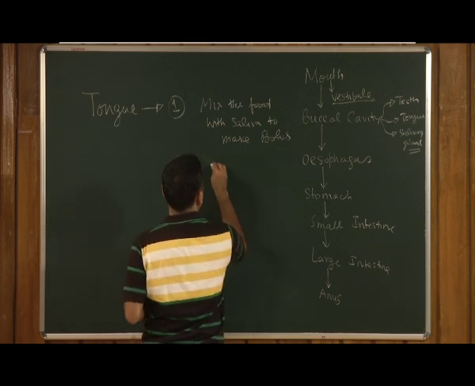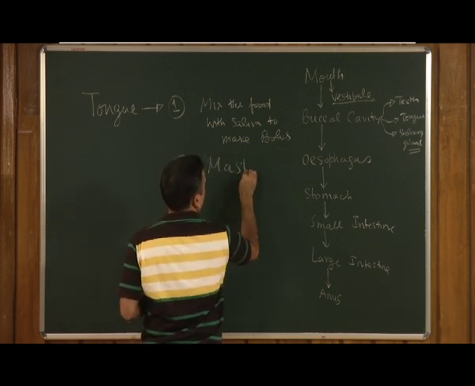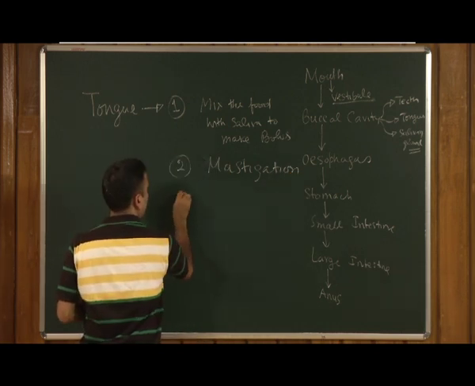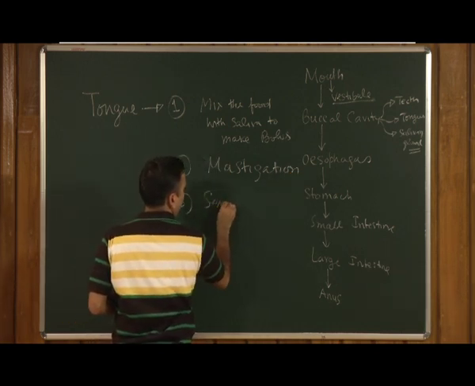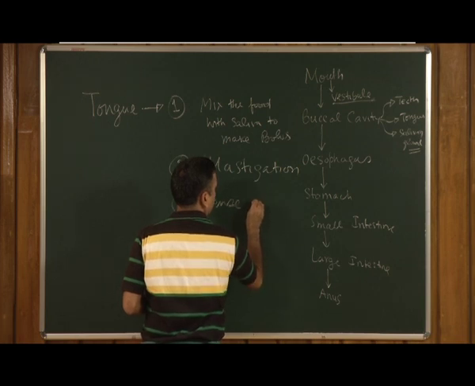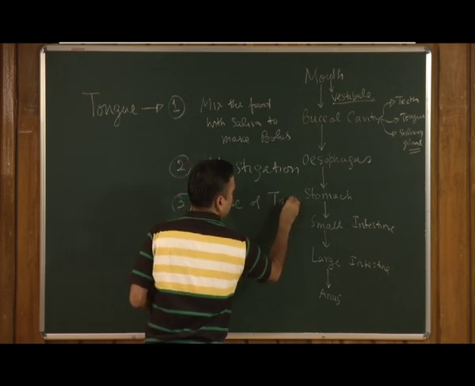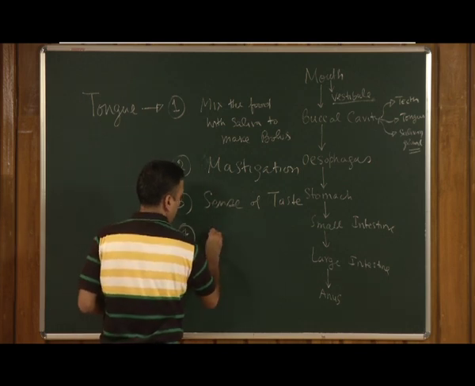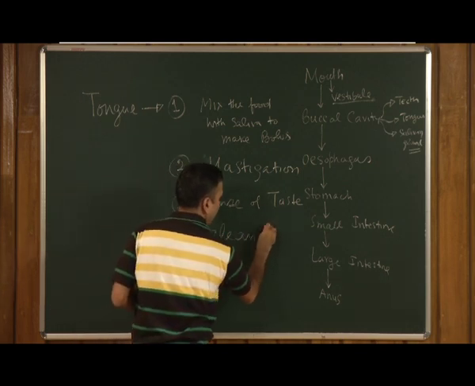So, the tongue can help in mastication. Number 3, the main function is that it provides the sense of taste. Number 4, it is also used to clean the teeth.